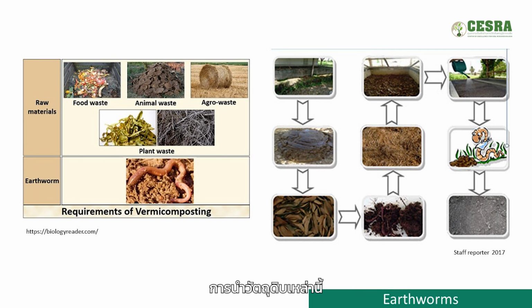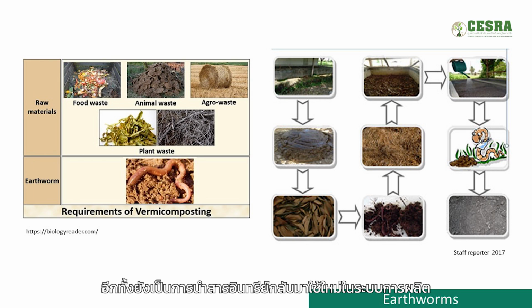Bringing these materials as food for earthworms in the right environment will be another way to reduce the environmental problems. It is also the reuse of organic substances in the production system. Therefore, it will reduce the use of chemical fertilizer quite a lot.